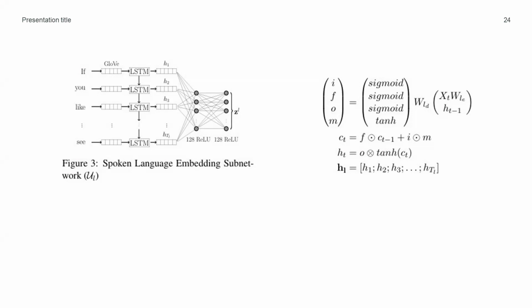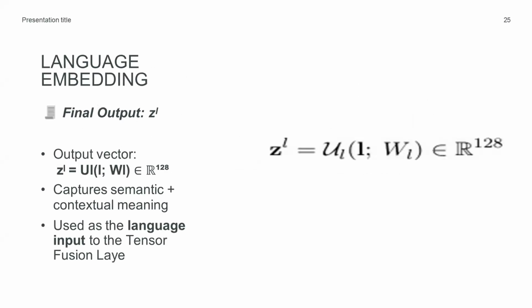The outputs of the LSTM are represented as h1, h2, h3, and so on, where each represents the hidden state at a particular timestep. These are then passed through two ReLU activated dense layers to form the final embedding, which represents the sentence-level language feature. On the right side, we can see the mathematical formulation of the LSTM.